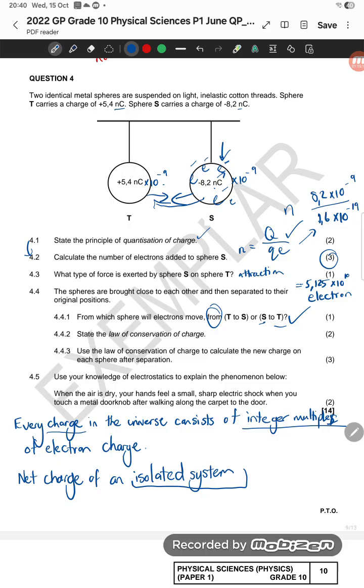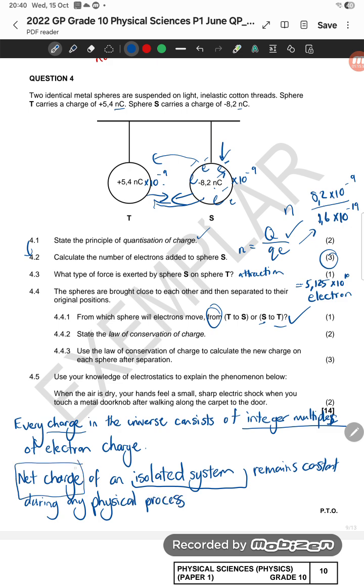So if my hair is rubbing against that thing while it's trying to give its electrons over, there's going to be weird things that happen. So net charge of an isolated system, no other forces acting upon it, remains constant during any physical process. Okay, the net charge means the overall charge.